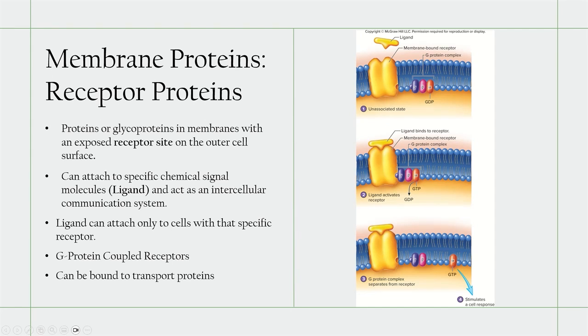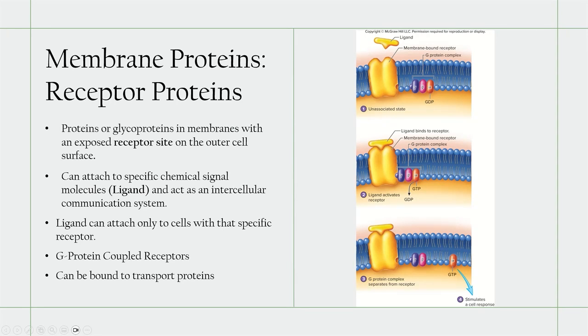There's no changing that rule. They bind to a receptor site that sticks outside the cell. That signal from outside the cell binds to these receptors, like an antenna, and then it changes a receptor protein in the plasma membrane to tell the cell, go do something.